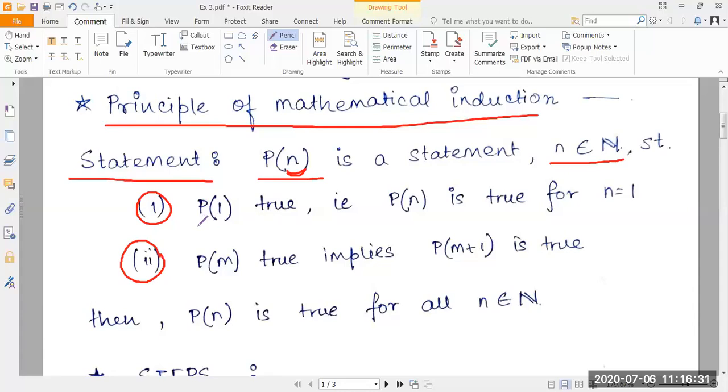Let's say that P1 is true. What does it mean? When P1 is true, we essentially put the value of n equal to 1 in the statement Pn. For example, for the expression we considered before, the sum of the first n natural numbers, 1 plus 2 plus dot dot dot up to n, if we put n equal to 1 on both sides of the expression, does it satisfy?